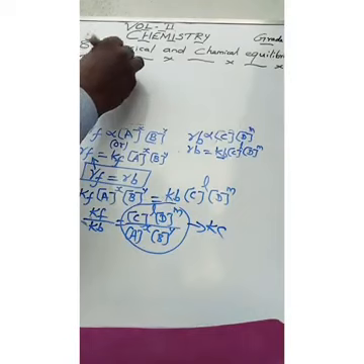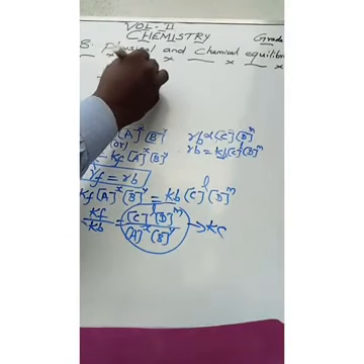What is KC? KC is an equilibrium constant.